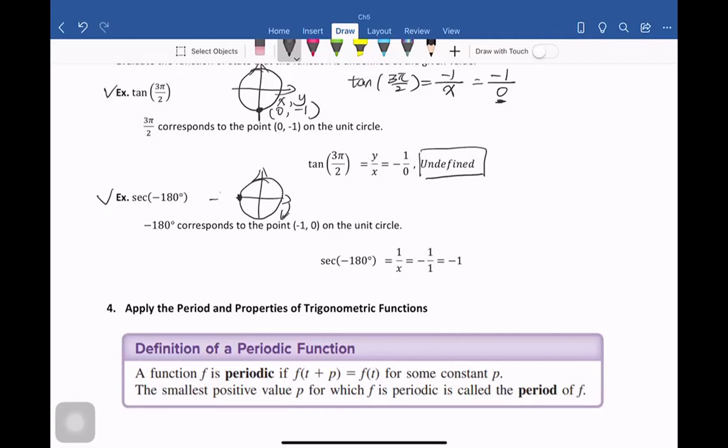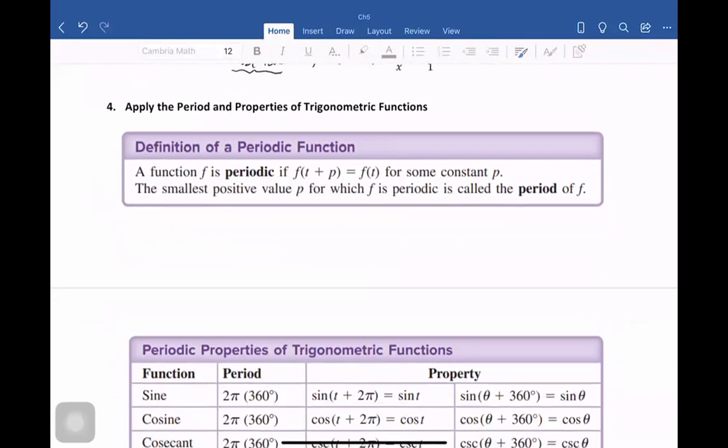The point here is (-1, 0), the x value and y value. Secant of negative 180 degrees equals 1 over cosine of negative 180 degrees. Cosine 180 degrees is x, so it's 1 over -1. That's -1. So the answer for this is -1.